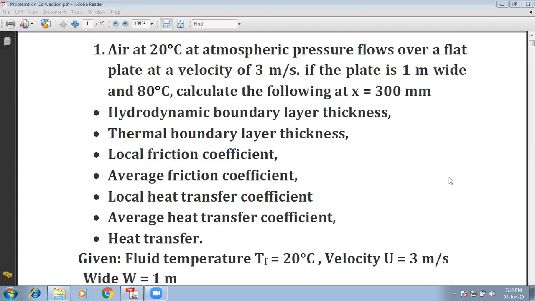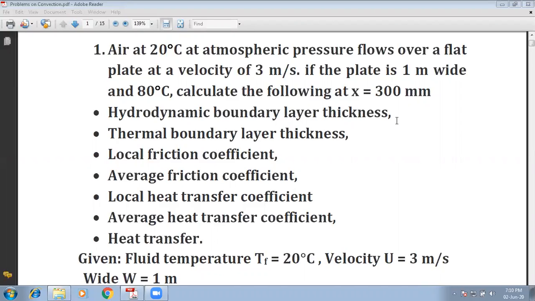Now, if you understand the problem, you have a plate which is 1 meter wide and the length is not given, but you need to calculate all the parameters at length x equals 0.3 meters or 300 mm.